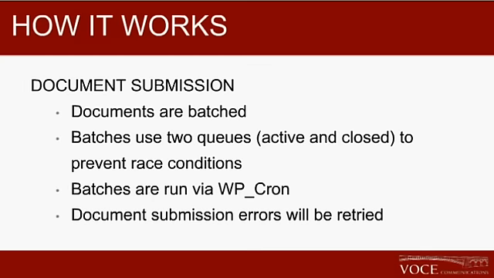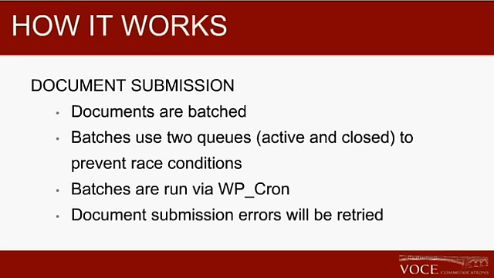And then the batches get run via WP cron as well. And you'll see in the setup screens in a bit that the interval is user controllable. It's also controllable by, I believe, a constant that you can add to your WP config to change it on the developer side, but then the user could also change it in the dashboard. So anywhere from a minute on up. Not only when we initialize the plugin and send all the existing content does it get batched, but anytime you update a post, create a page, update a page, delete a page, trash it, change the post status, any of those types of data, same thing with post meta, those get sent in a batch as well and indexed again.